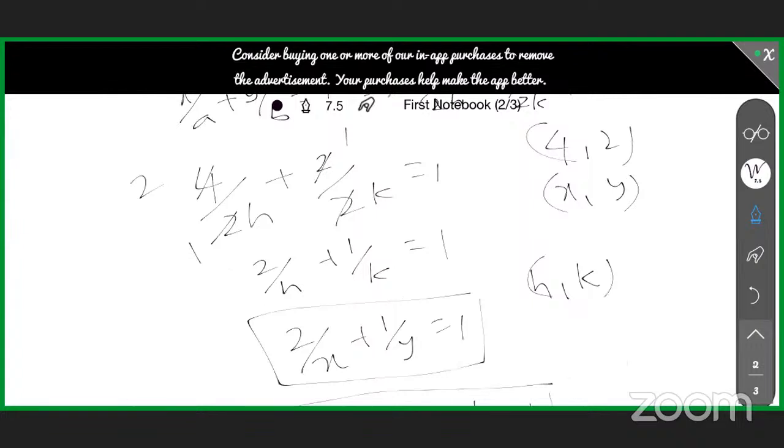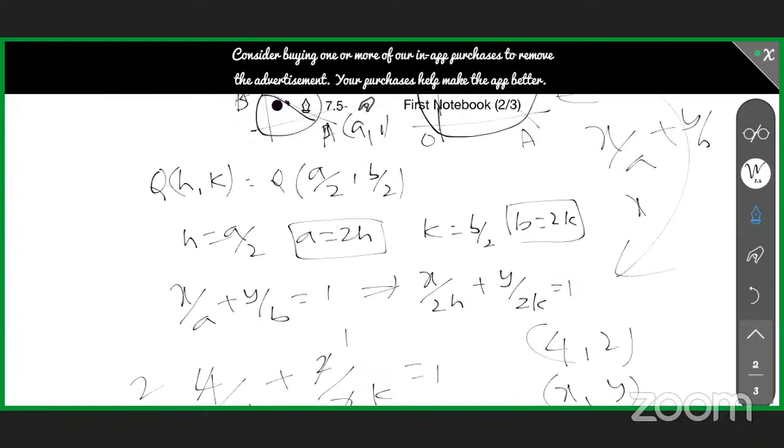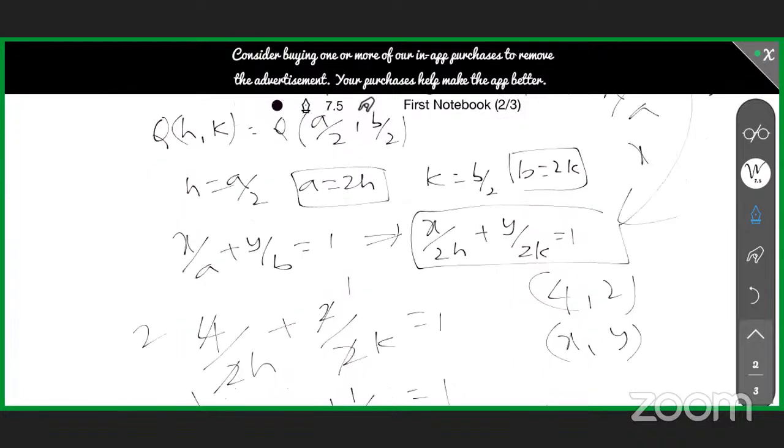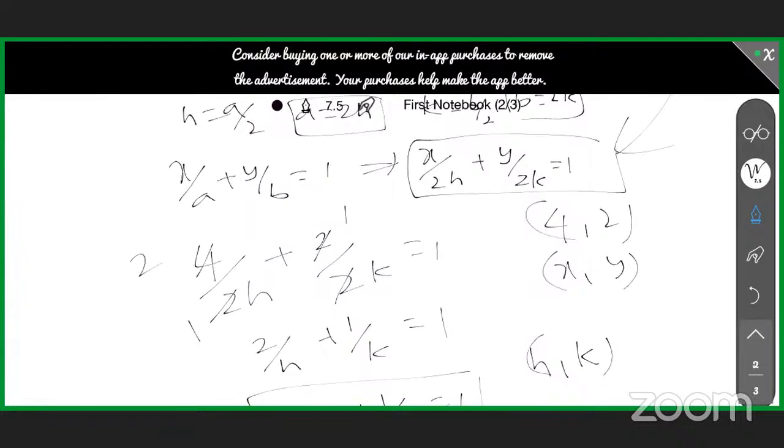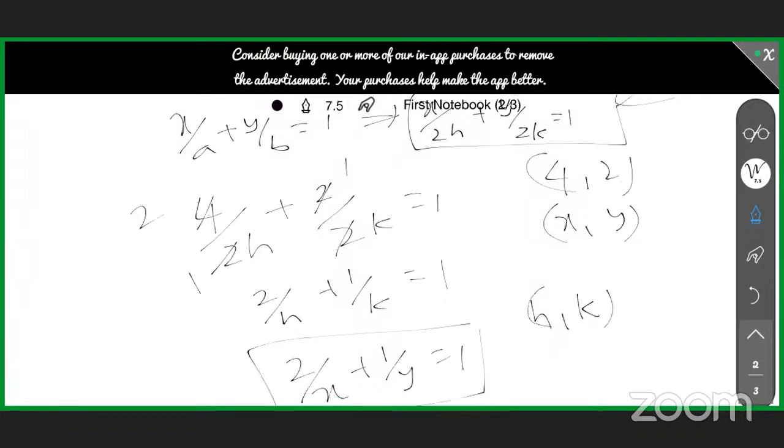Just now 4 comma 2 is lying on the line, means that 4 comma 2 should satisfy my line equation. Therefore, where x is there, I have to put my 4 value, and where y is there, I have to put my 2 value. Therefore, 4 by 2h plus 2 by 2k is equal to 1. If I simplify, it becomes 2 by h plus 1 by k is equal to 1. I've taken my locus as h comma k, and we express the equation in the form of x and y.